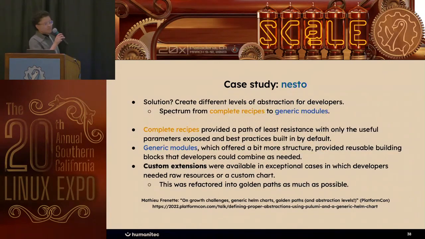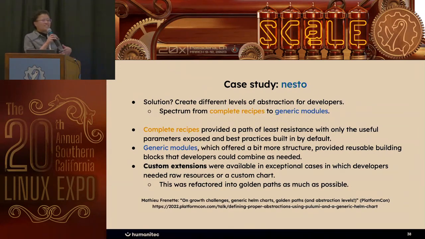So they created levels of abstractions as opposed to just one. And this had a spectrum from complete recipes to generic modules. So the complete recipes provided a path of least resistance where only the useful parameters were exposed and best practices were built in by default. So this was probably the most supported and restrictive layer. Then underneath that, you had generic modules, which offered a bit more structure, provided reusable building blocks that developers could combine as needed.